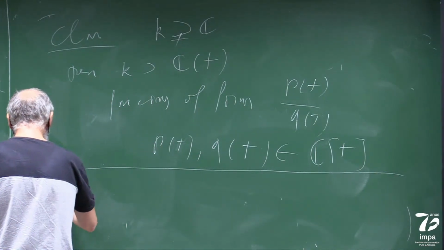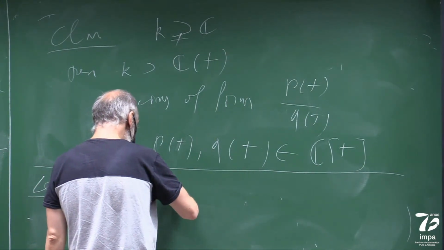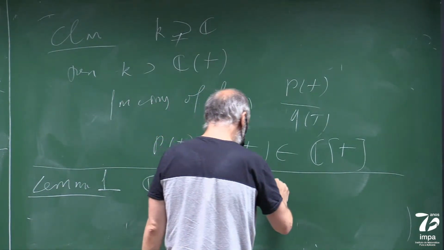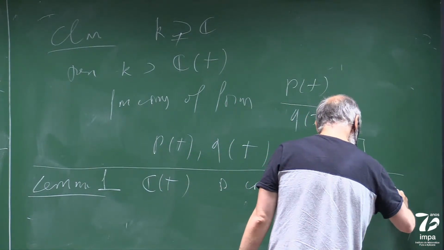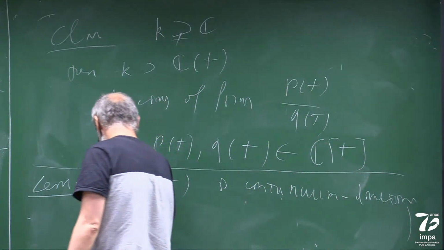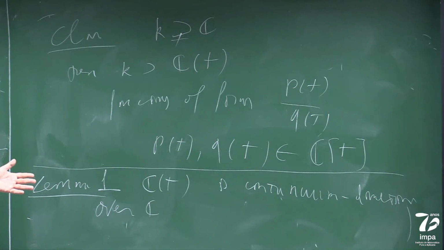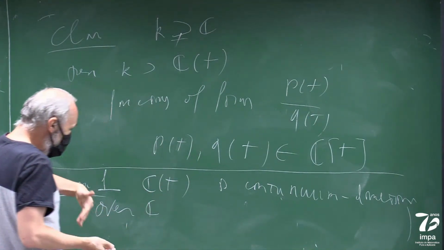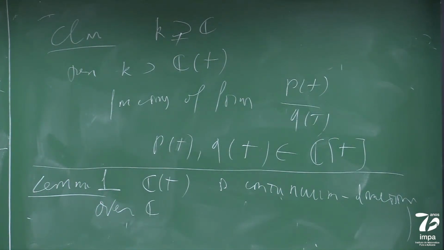So lemma 1: C(t), the field of rational functions, is continuum dimensional as a vector space over C. Of course, this is a field itself, so over itself it is one-dimensional. But over C, it's a really big space. And it turns out that it is even continuum dimensional. So that big.